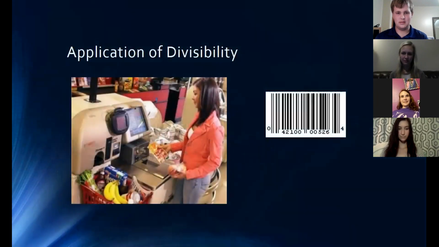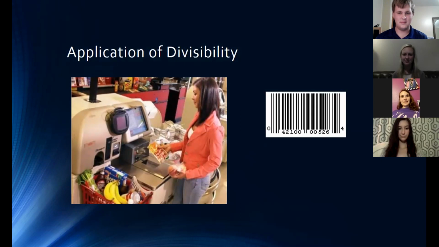Most people are unaware of the role that divisibility plays in the modern world. Here are some examples. If you purchase an item at the store, when you scan the item, it is scanned to read the uniform product code.